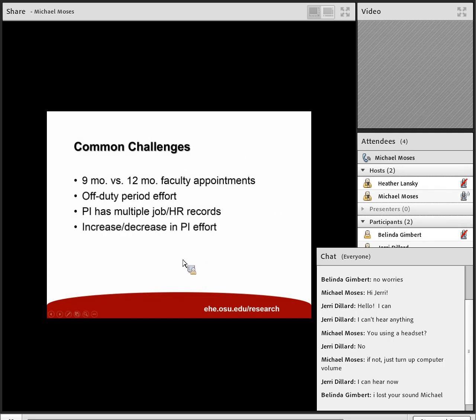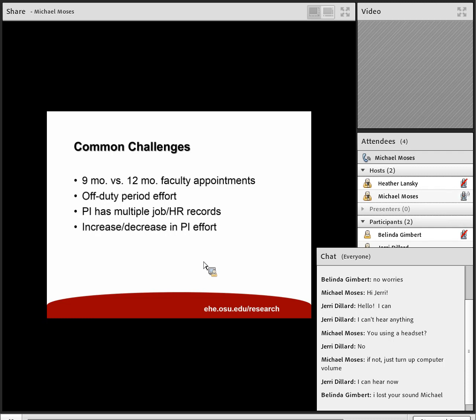Sometimes there's a need to increase or decrease time spent on a grant due to other duties. Perhaps the project isn't going as planned, or any number of other circumstances. A decrease in PI effort is probably, from the federal perspective, a little more complicated and something that we definitely want to get approved by the sponsor, especially if the decrease will be significant.